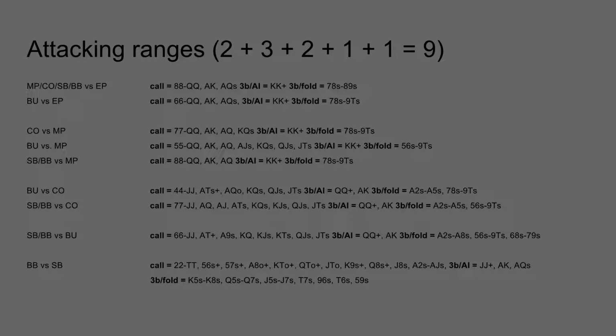We have 5 layers, and the first layer got 2 muscles, 2 ranges. Okay, that's 2. Second layer got 3 ranges. Third layer, 2 ranges, and 1 plus 1. Okay, the fourth layer, fifth layer. So 5 layers, 2 plus 3 plus 2 plus 1 plus 1. 9 together.